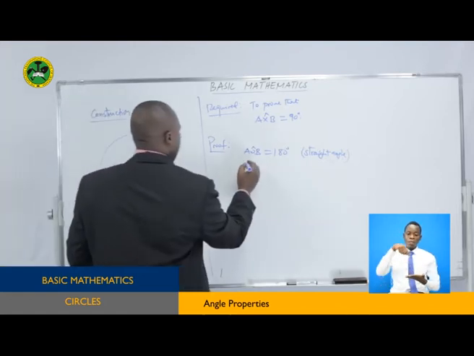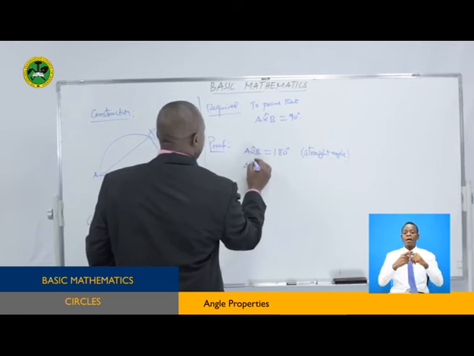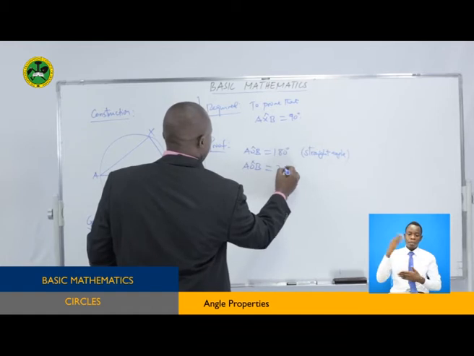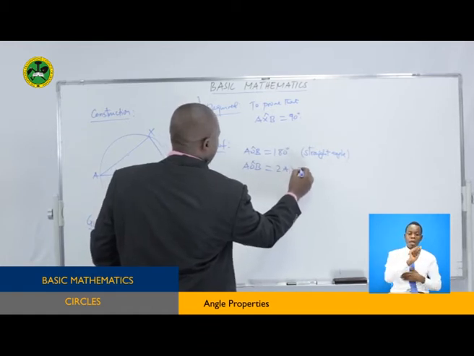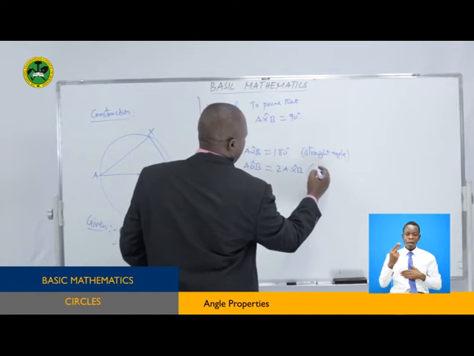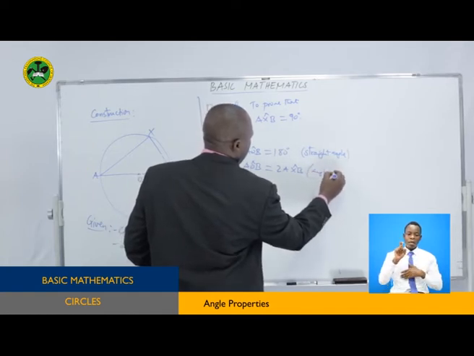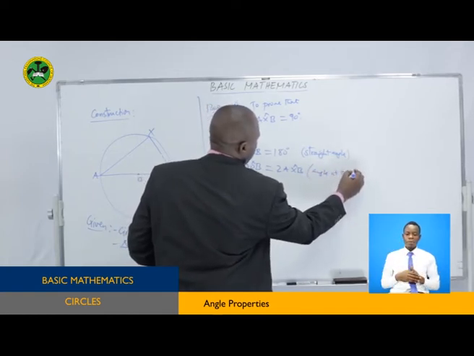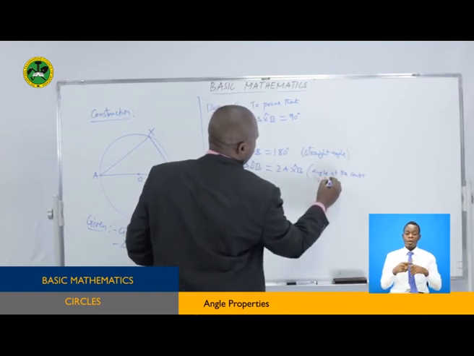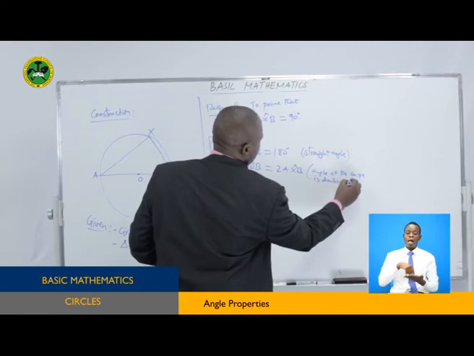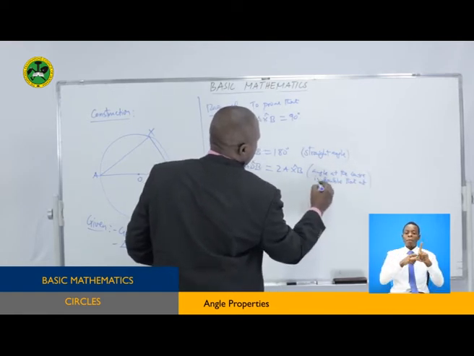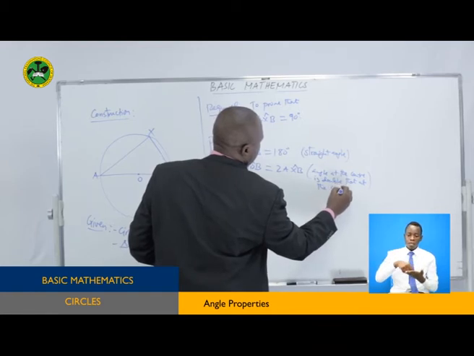That is AOB, which is at the center of the circle, is equal to twice AXB. That is, angle at the center is double that at the circumference of the circle.